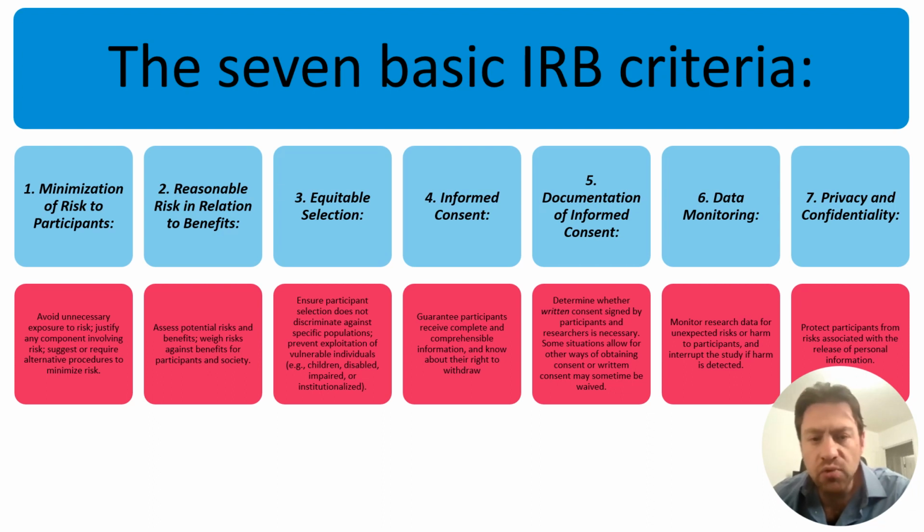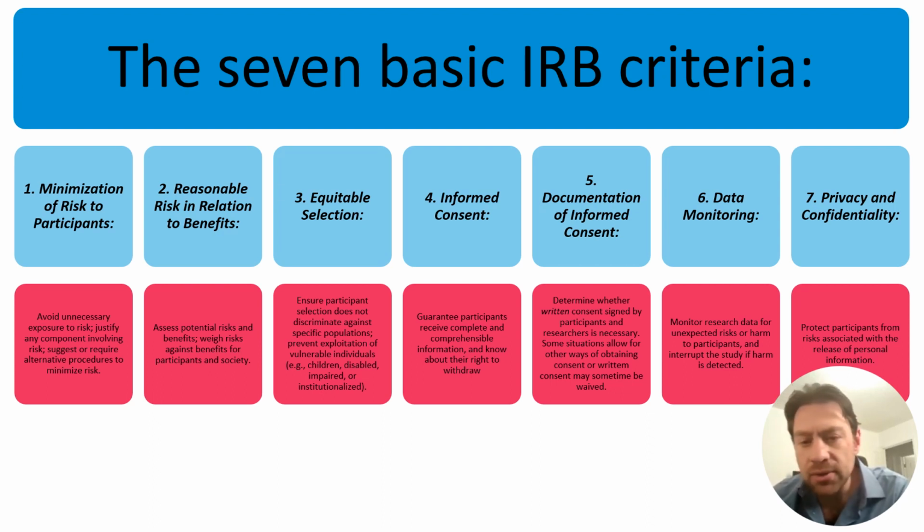2, reasonable risk in relation to benefits. So you have to do the risk-benefit analysis. You have to assess potential risks and benefits, and you have to weigh the risks against the benefits for both the participants and the society at large. 3, equitable selection.